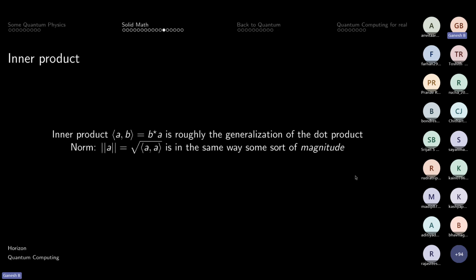The inner product is very similar to a dot product. It is represented by these angular braces. The inner product of A and B is B star times A. It's not B times A, it's B star times A. B star is nothing but the conjugate transpose of B. So when A and B are vectors with real entries, B star is just the B transpose.